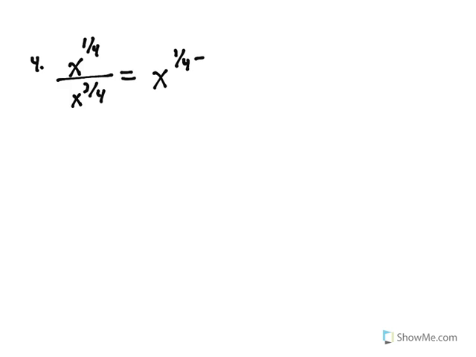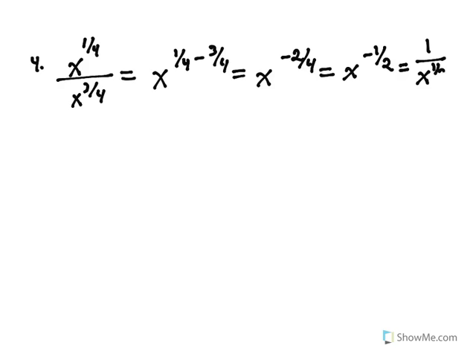So 1/4 minus 3/4. That's going to give me 1 minus 3 is minus 2 over 4. But if you reduce that, that is equivalent to minus 1 over 2. And then you can go ahead and write that as the reciprocal, which turns into x to the 1/2 power.